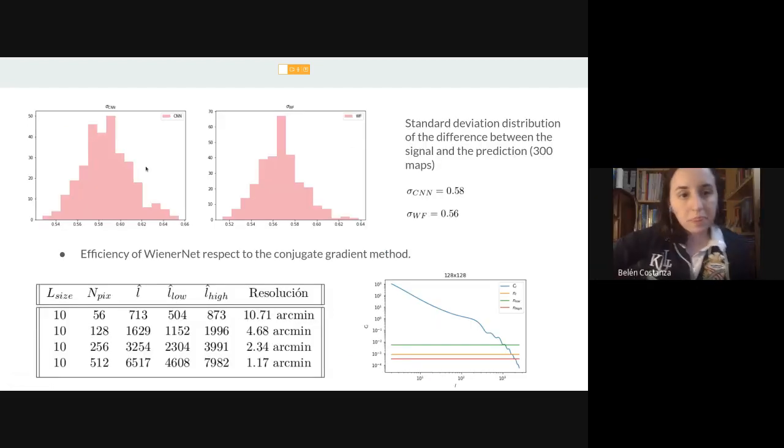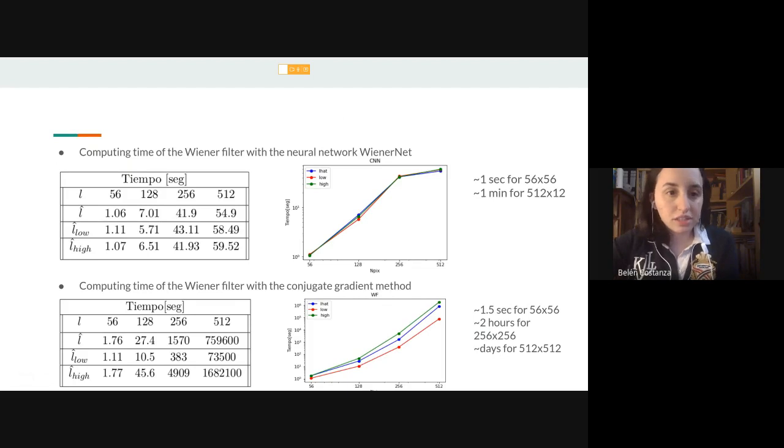So we calculated the computing time of making the Wiener filter with the neural network WienerNet and making the Wiener filter with the conjugate gradient method. In the case of the Wiener filter with the neural network, we found that for 56 pixels, the computing time is of the order of 1 second, and for 512 it is of the order of 1 minute.